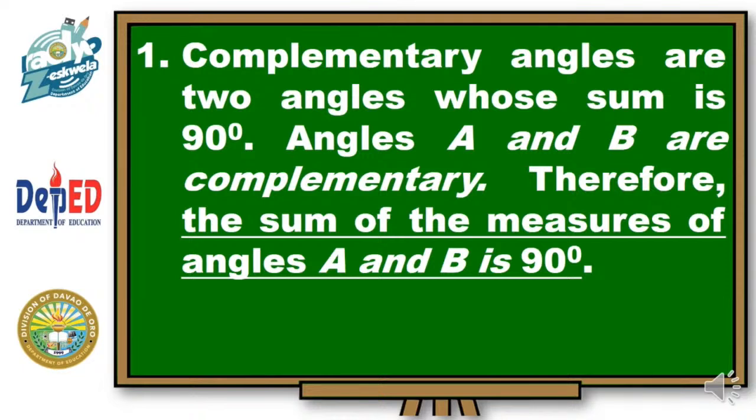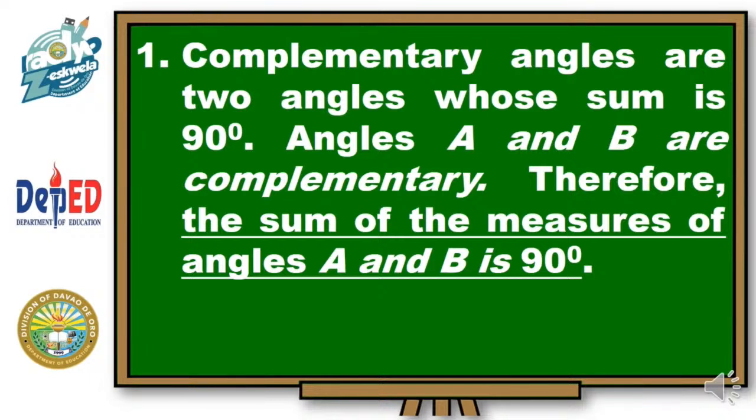The sum of the measures of angles A and B is 90 degrees. Why? Because angle A and angle B are complementary. Complementary angles are defined as two angles having the sum of their measures as 90 degrees.